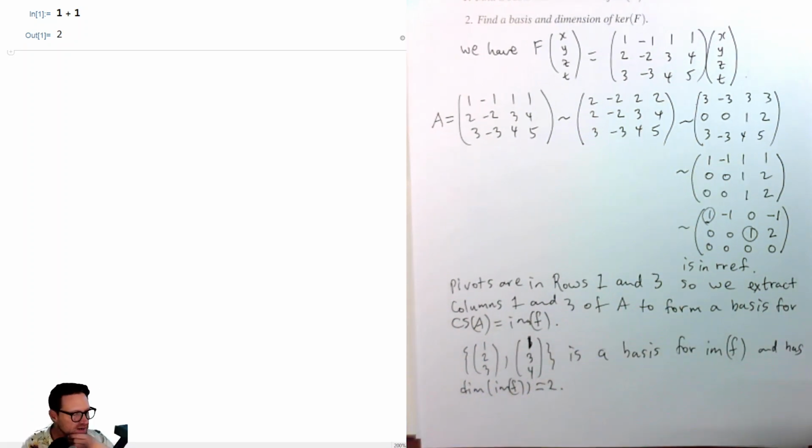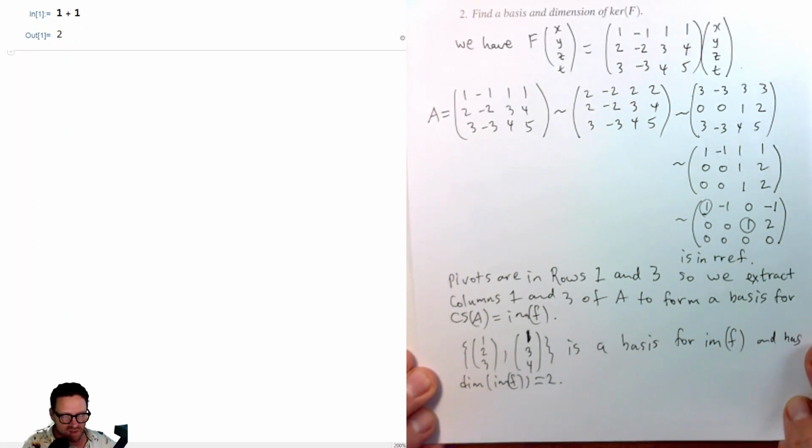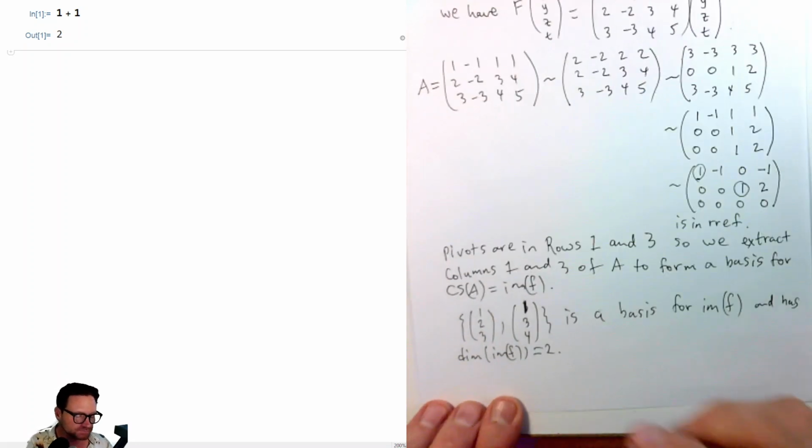So we know straight away from the rank plus nullity theorem that the dimension of the kernel has to be 2. All right, so let's now deal with the kernel.